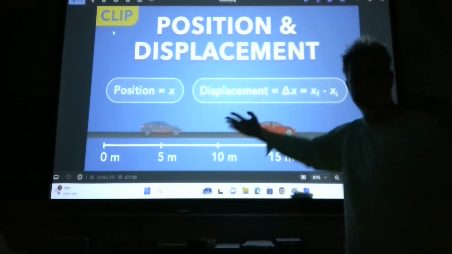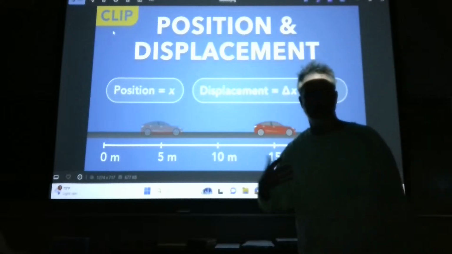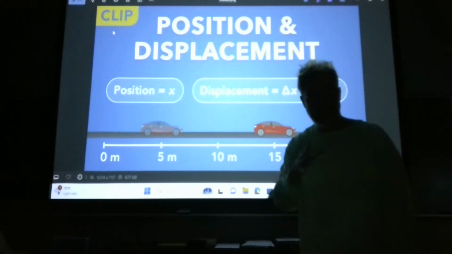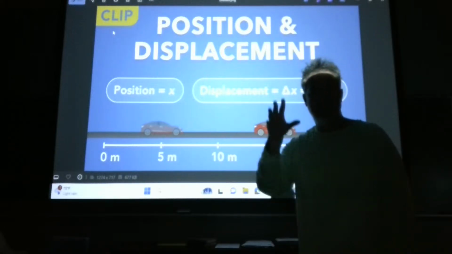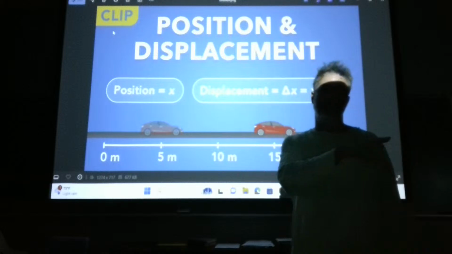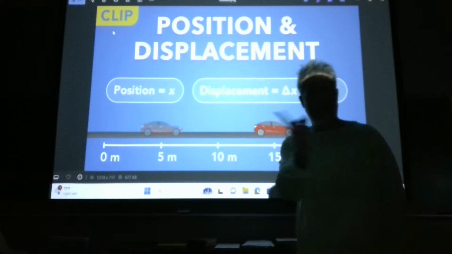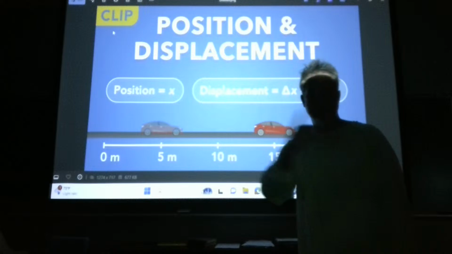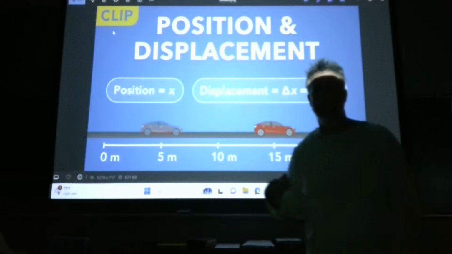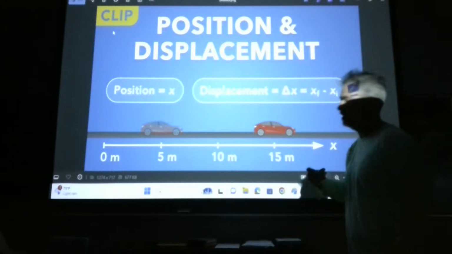With context, and guys, this is what it's going to be on the test. I'm going to have a before picture and I'm going to have an after picture. That's the context. I'm going to have a starting position, an initial position, and then I'm going to have a final position. And the displacement, the change in position, is what infers joint motion, the rotational component to that general movement that happens at joints.